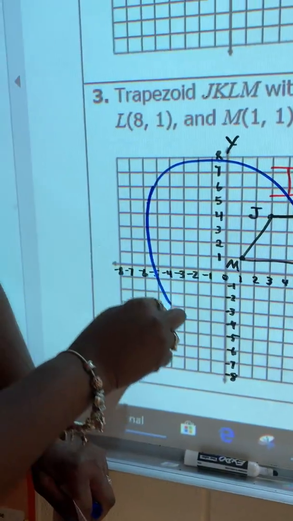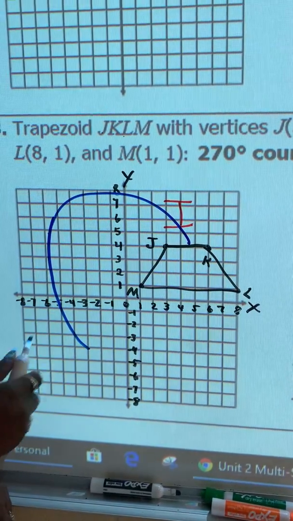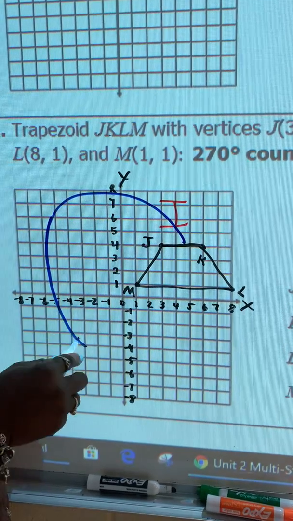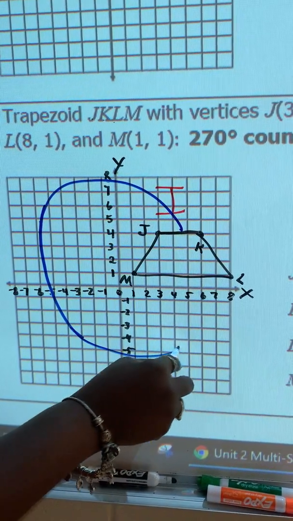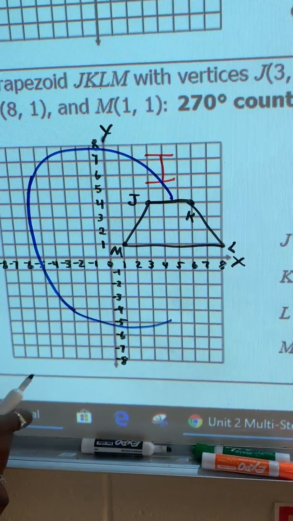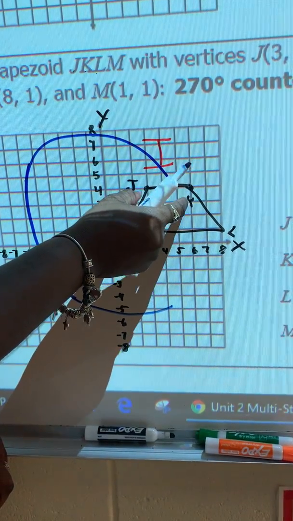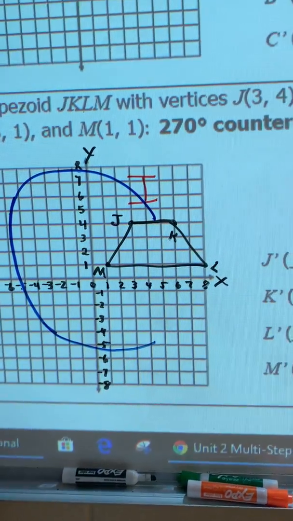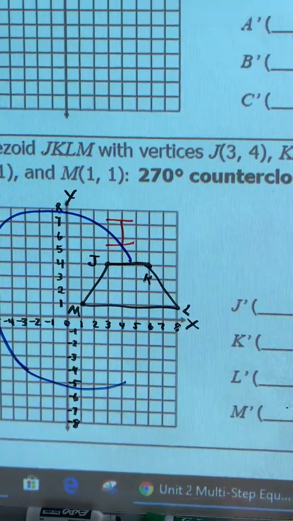If I rotate it again, that would be a total of 180 degrees. It will be in quadrant 3. And rotate it again to quadrant 4 will make it 270 degrees. So we want to rotate this image 270 degrees counterclockwise.